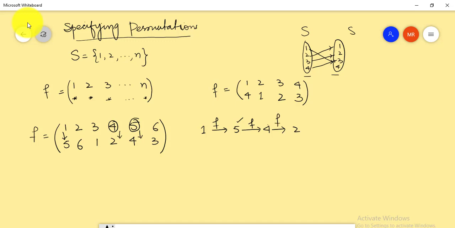Similarly, in the next step, we look for the image of 2 under F. The image of 2 under F is 6. Then we look for the image of 6, which is 3, and 3 is mapped back again to 1.